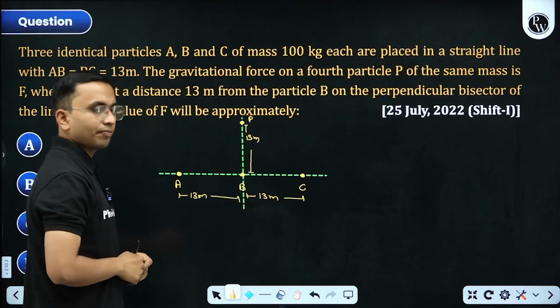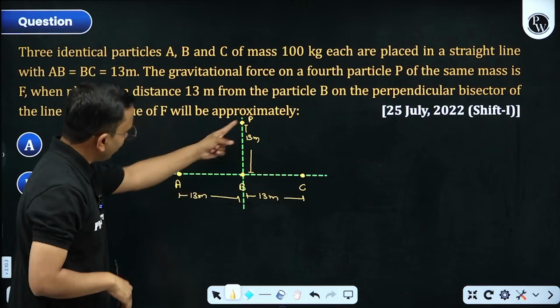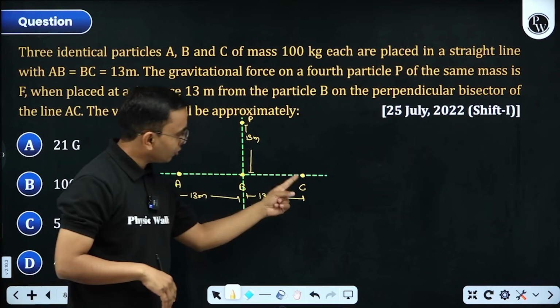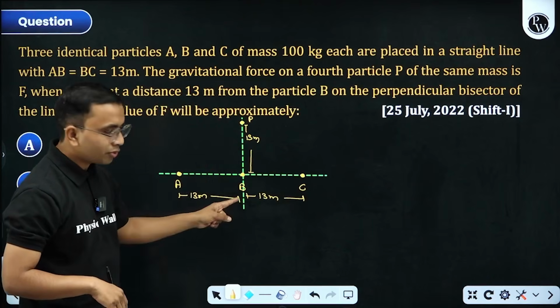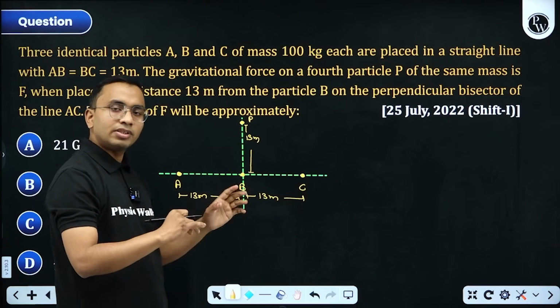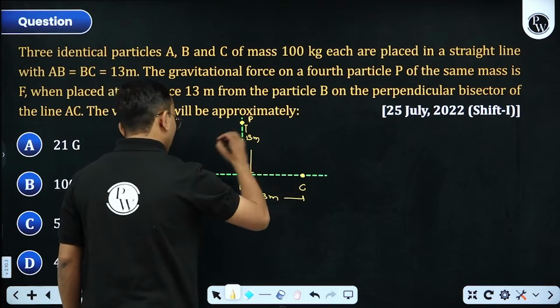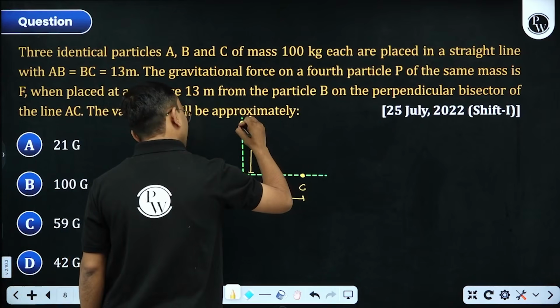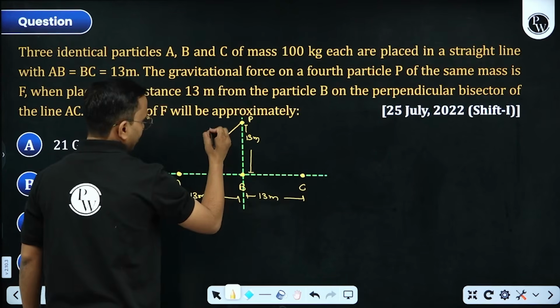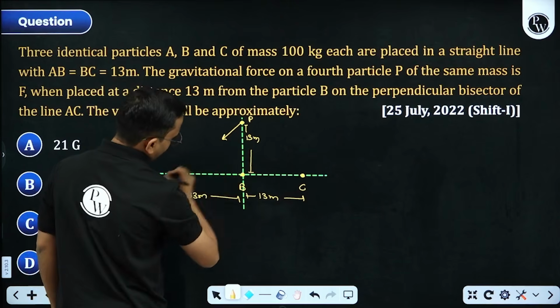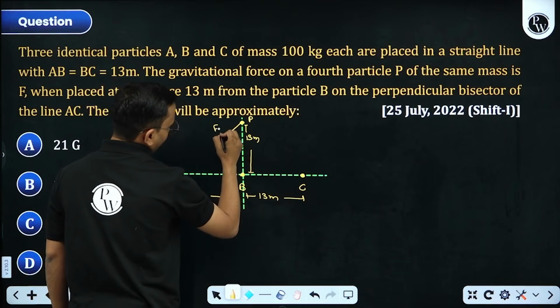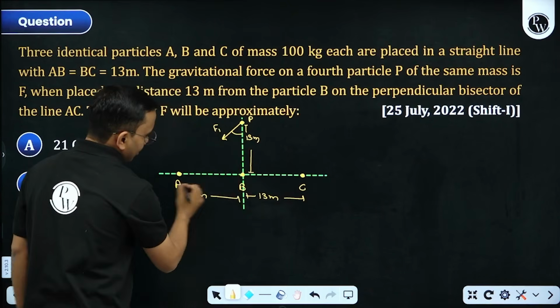The mass is the same. So what will we do? We'll write the force due to A, the force due to C, the force due to B, and take the vector resultant of the three, that will be my resultant force. Due to A, let us take this as my F1. How much is this angle?